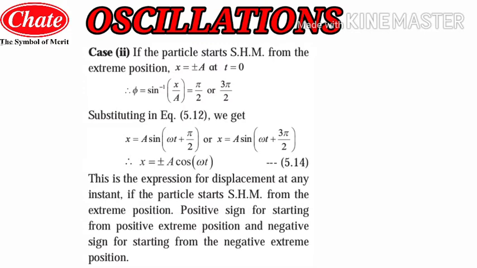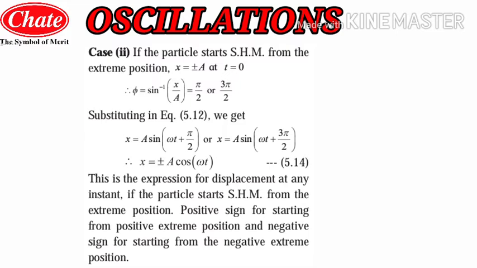Substituting this value in the equation, we get x is equal to a sine of omega t plus pi by 2, or a sine of omega t plus 3 pi by 2. Now x will become plus minus a cos of omega t.